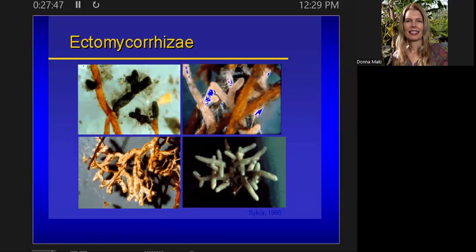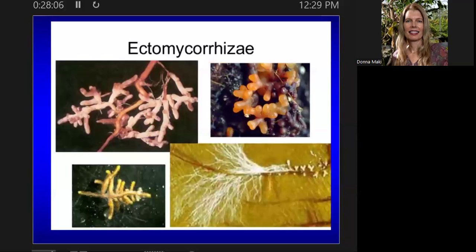So here, different ectomycorrhizal fungi, you can see the pigmentation differences. Again, some of the nice branching, that Y-shaped branching, and how it's very thick compared to a non-covered root. And some other images here too. So once you train your eye to this, it's not too hard to find if you're out hiking around.